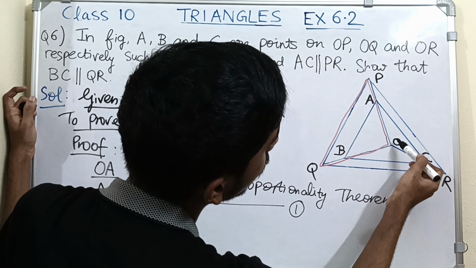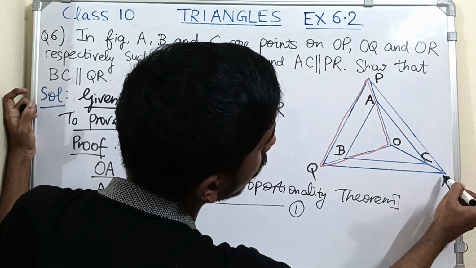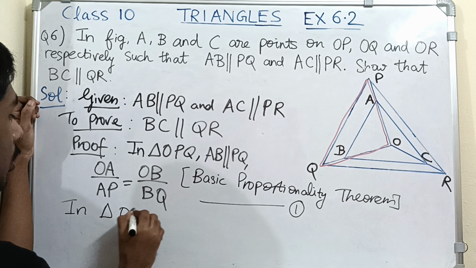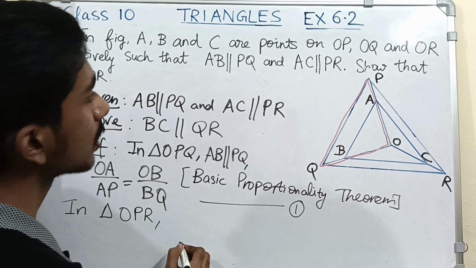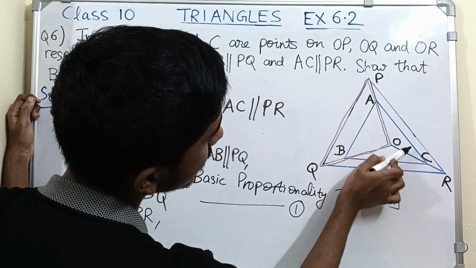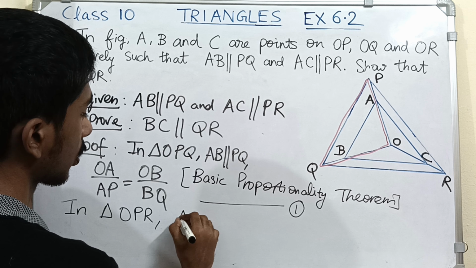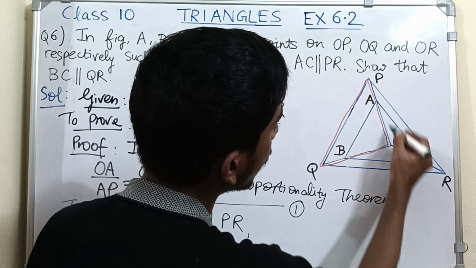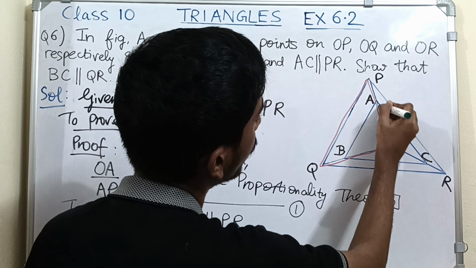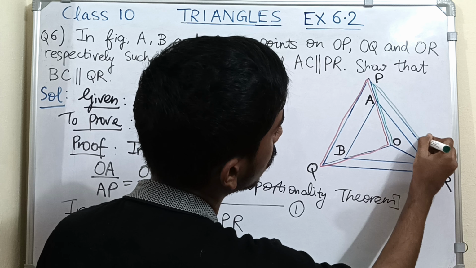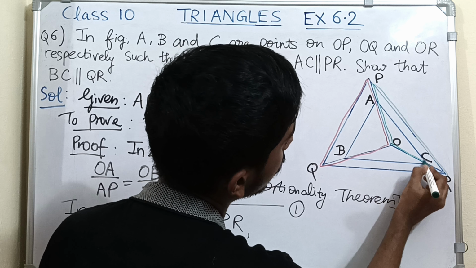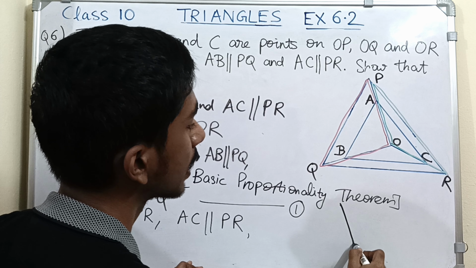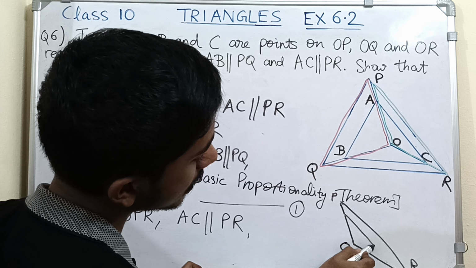Now let us take this right hand side triangle OPR. In triangle OPR, what is given? AC is parallel to PR. So I am talking about this green color triangle OPR, and we have AC like this.